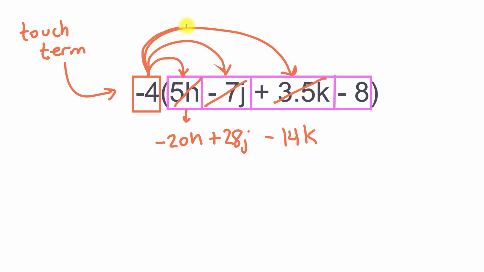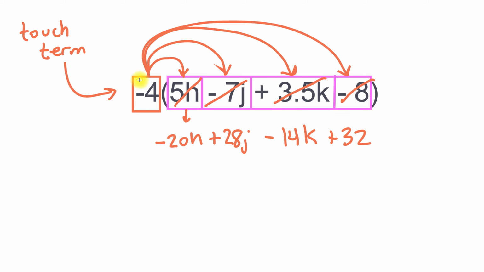And we're going to multiply this times the last term inside parentheses, which is negative 8. So we've got negative 4 times negative 8. A negative times a negative is a positive. That's going to be positive 32. And there's no variables there, so we'll just leave it as positive 32. And we'll cross that off and we're done. So just to recap, we've got negative 4 times positive 5h, that gave us negative 20h.